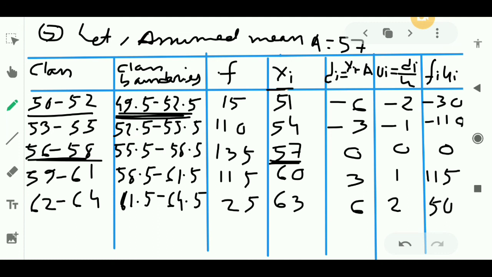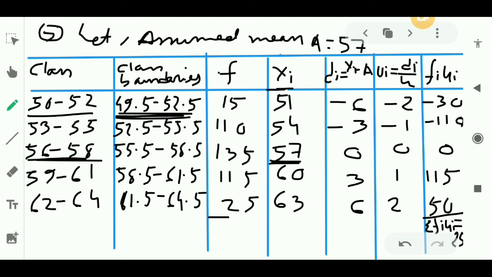Two positive, two negative. Negative sum is 140, positive side is 165, and 165 minus 140 will be 25. So summation fiui we get is 25.